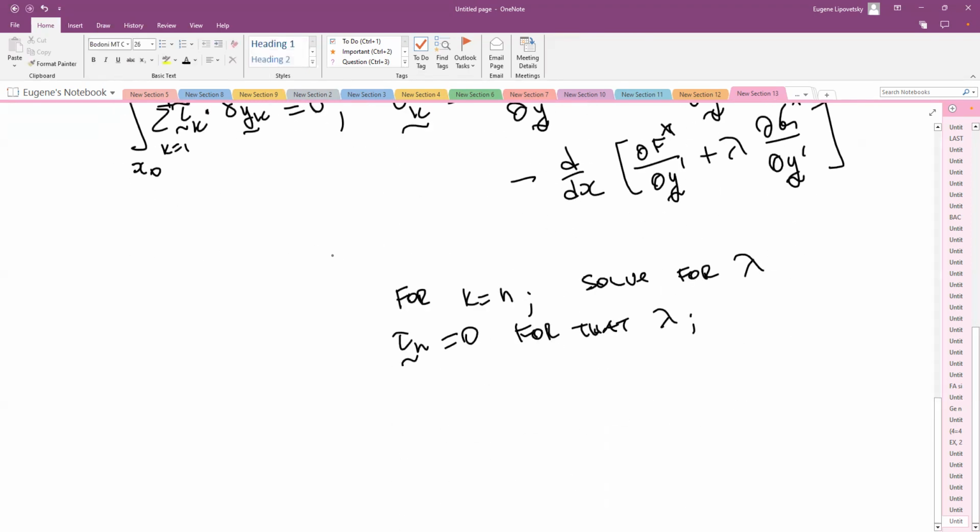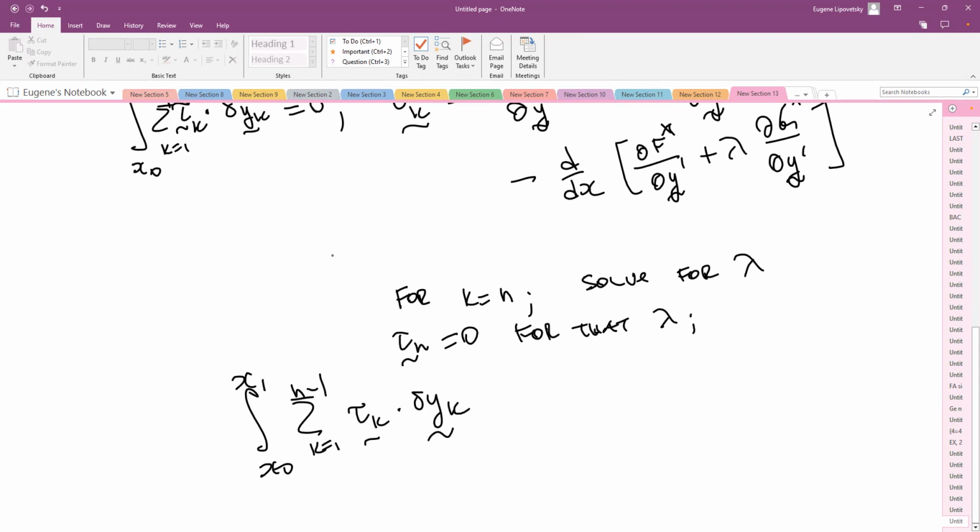And so we then have the summation from x0 to x1, this time for k equals 1 to n minus 1, of tau k delta yk equals 0, but this time the constraint is used up.